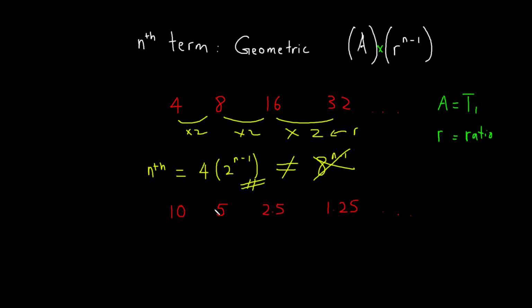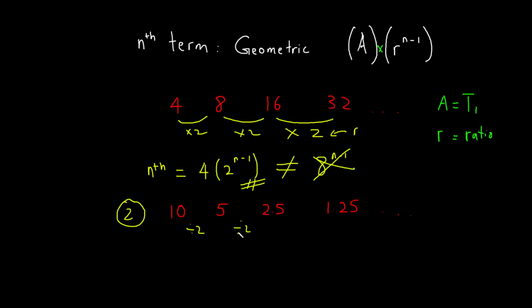Okay. Now over here you can see another example. Example 2. 10, 5, 2.5, 1.25. Okay. This, as we can see, is a descending order. Now you might be tempted to say that this is divided by 2.